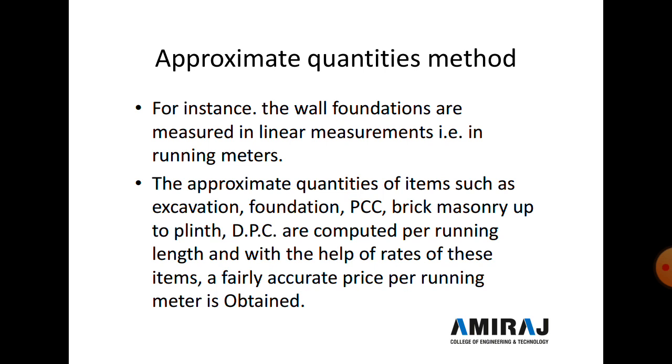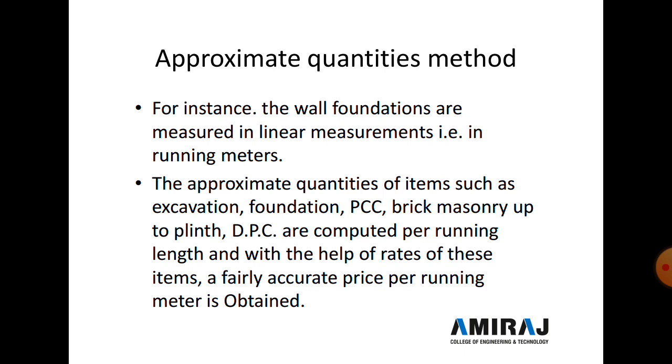Now next is the approximate quantity method. In this method various quantities are worked out with the help of many shortcuts, and for instance the wall foundations are measured in linear measurement in running meters.